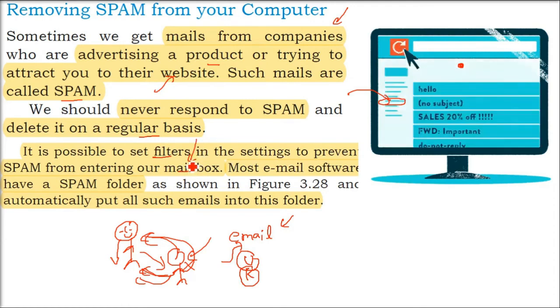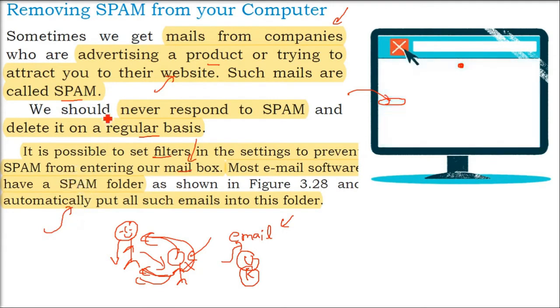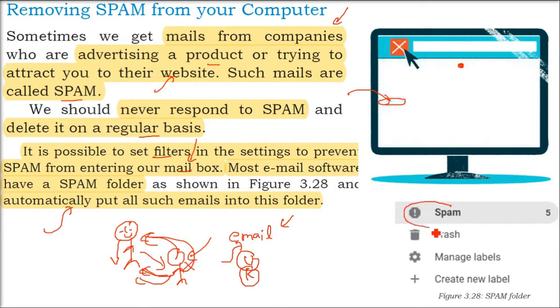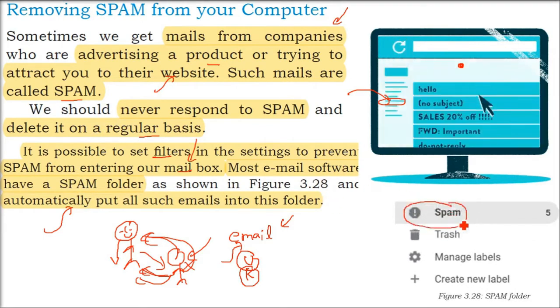These are all mailbox fillers, so they will directly go to spam. There is email software that knows what to do, and it will automatically put all such emails that you have marked as spam in this spam folder. Sometimes somebody emails you and you're not getting it. It may have gone to spam, so you have to check it. The spam folder is different from the trash or recycle bin.